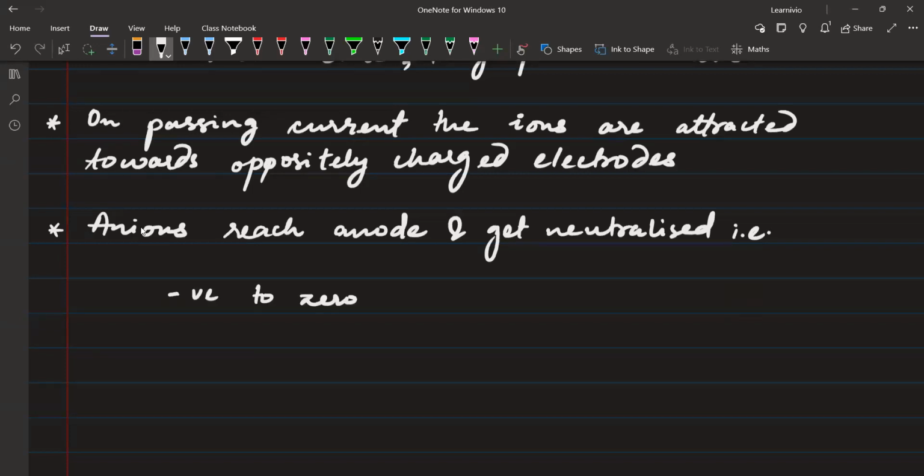Negative to 0. Negative to 0, this will be increase in oxidation state or decrease in oxidation state? बताइए जरा, जैसे example -3 to 0, यहाँ से -3 to 0 increase हो रहा है, decrease हो रहा है? -3 to 0, it is increase or decrease? Increase.